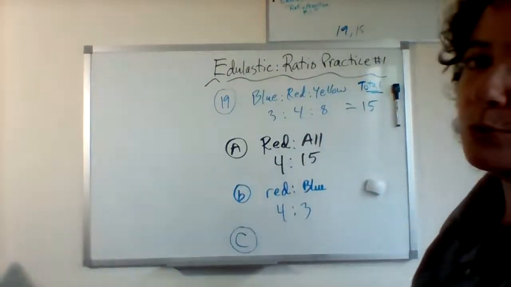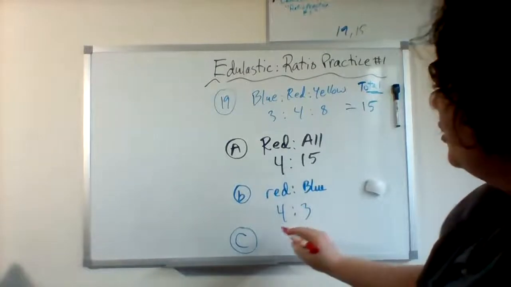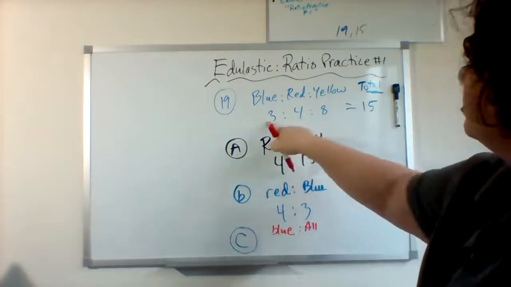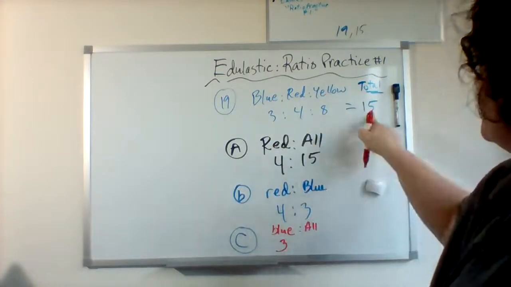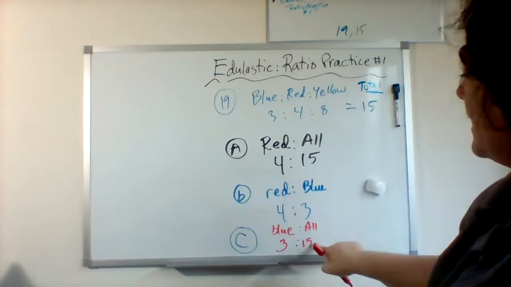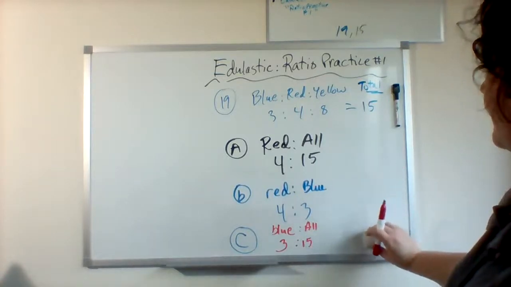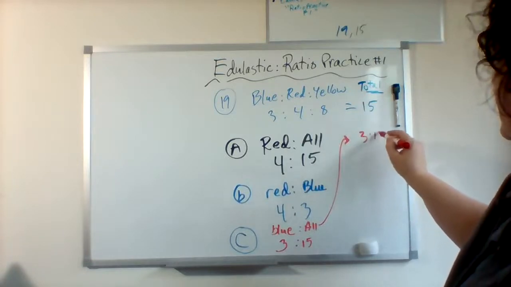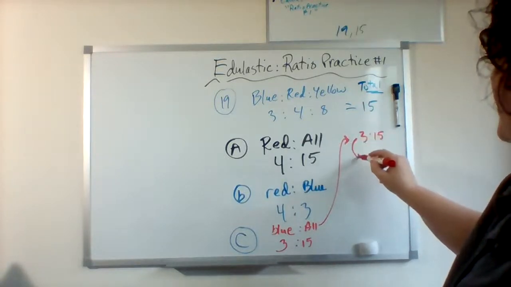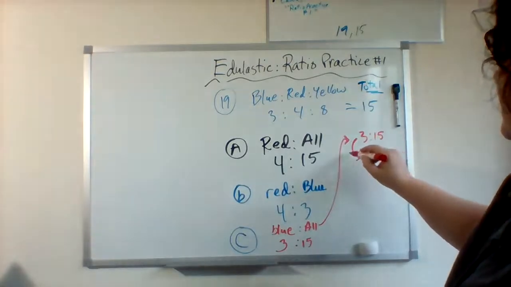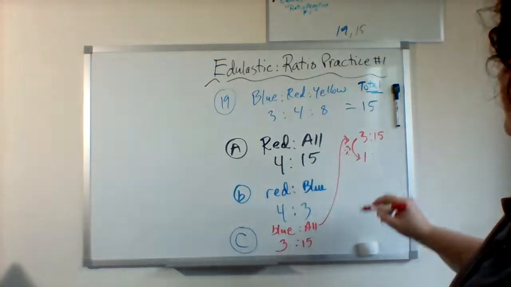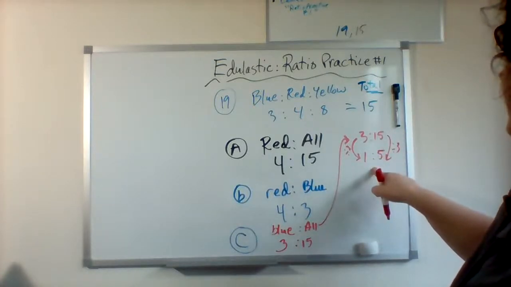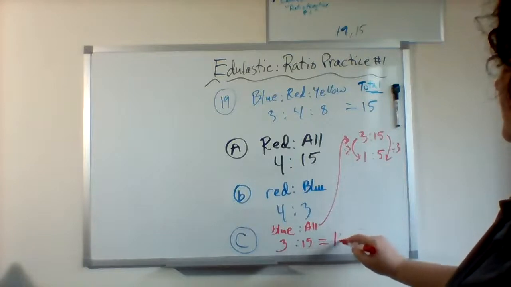Okay, well, before I do simplified, let me do blue to all. Blue to all. Now let's get the simplified version of that. Simplified. How do I go from 3 to 1? Divide by 3. Divide by 3. What's the simplified version? 1 to 5.